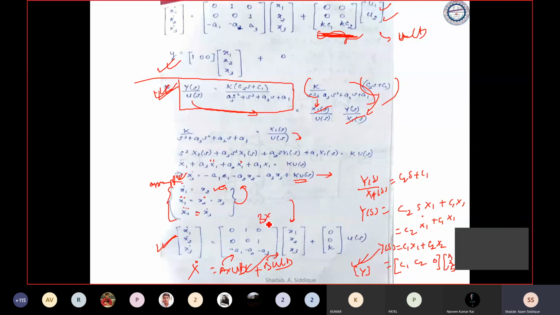So see, this is the dimension of 3 cross 3. If we don't have this one, no problem. We have the dimension of this one. What is the dimension? This is 3 cross 1.